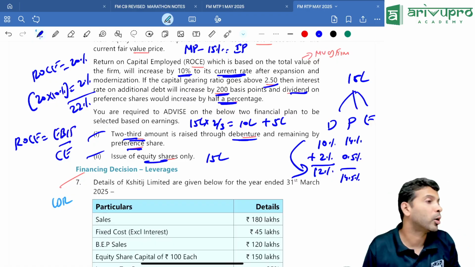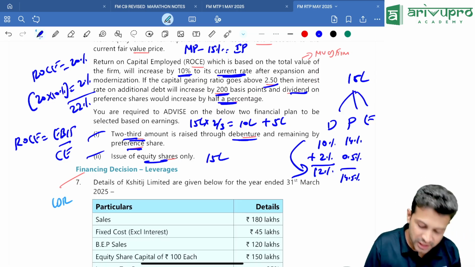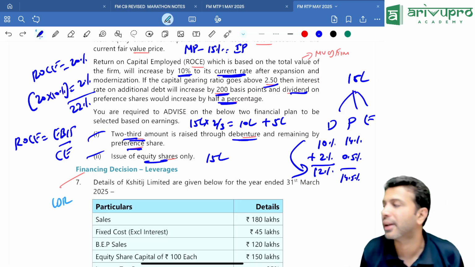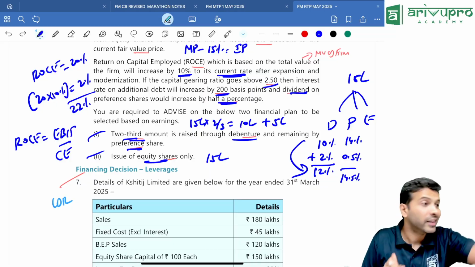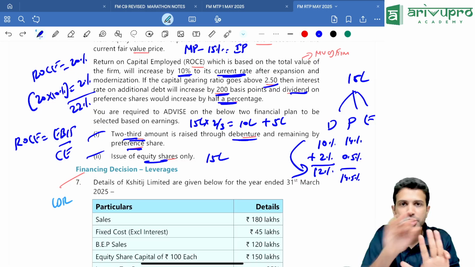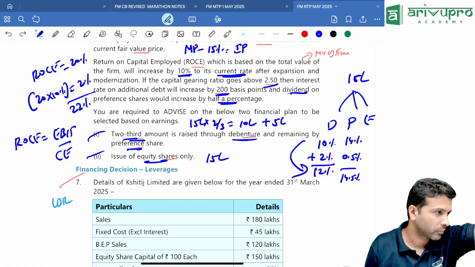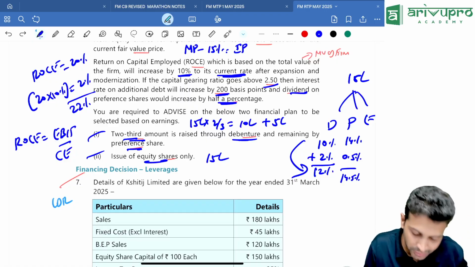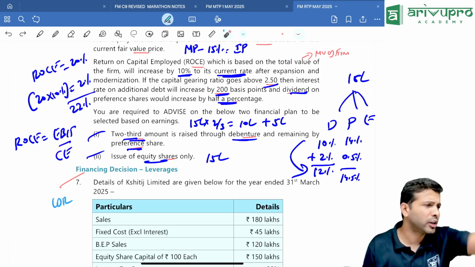And for capital employed, we need to take book value or market value? Market value. What are the components of capital employed? Equity share capital, reserves and surplus, debt and preference shares. All these components we should take at market value. First working note is that: find the market value of all the instruments, then you will get the market value of capital employed. EBIT is already given to you in the question.